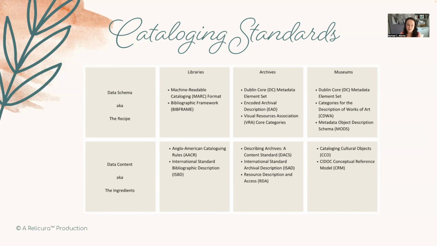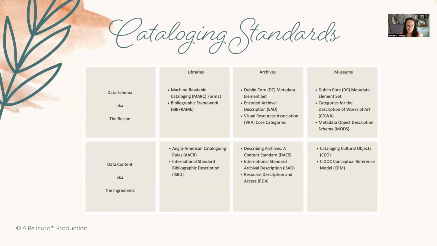And so with these, I have labeled out what the top 2 or 3 are in some cases. For many of you, the most familiar will perhaps be the Dublin Core schema or the categories for descriptive works of art. So depending on if you're more museum or if you're more archives, those are the two big ones, at least statistically, for your fields.